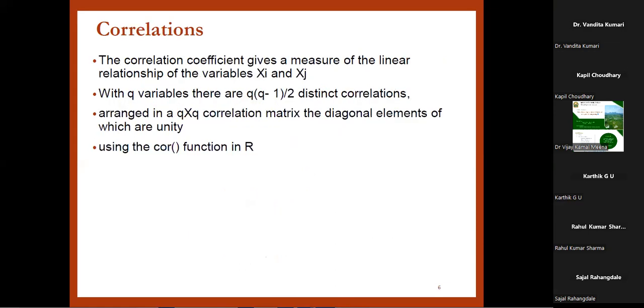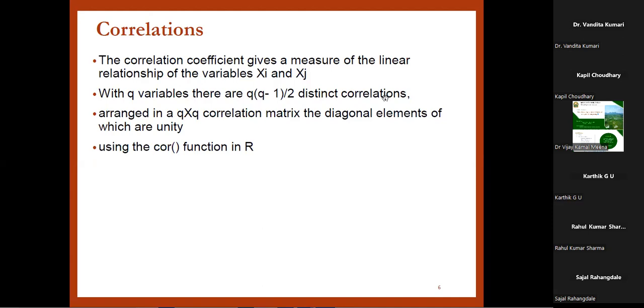Now correlation, as we know, the correlation coefficient gives us the measure of linear relationship between two variables. But when we have multivariate data, that is, we have q variables, then there are q into q minus 1 divided by 2 distinct correlations.